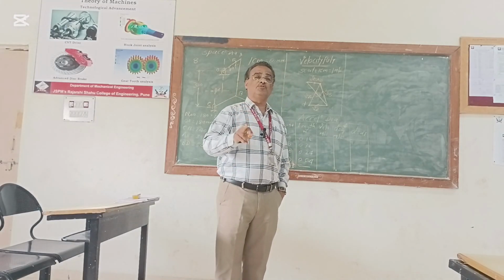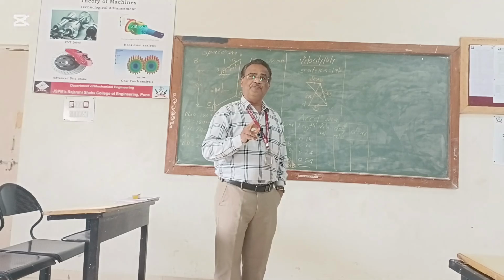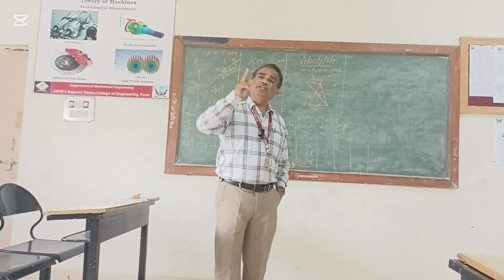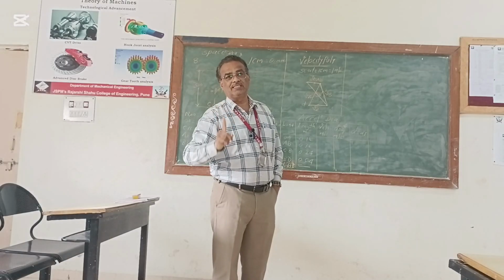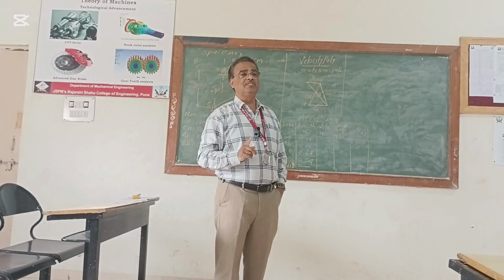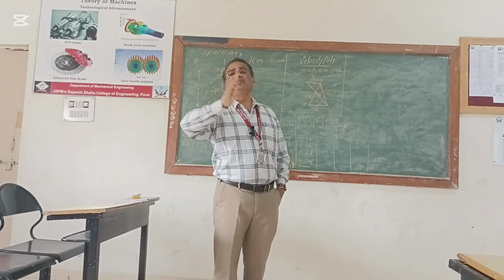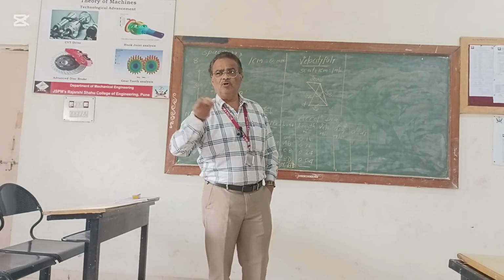What I said in the classroom, I said that if your crank is rotating with uniform or constant speed, it will have only one component of acceleration. Otherwise, if the crank speed is increasing, then it is not uniform, no?